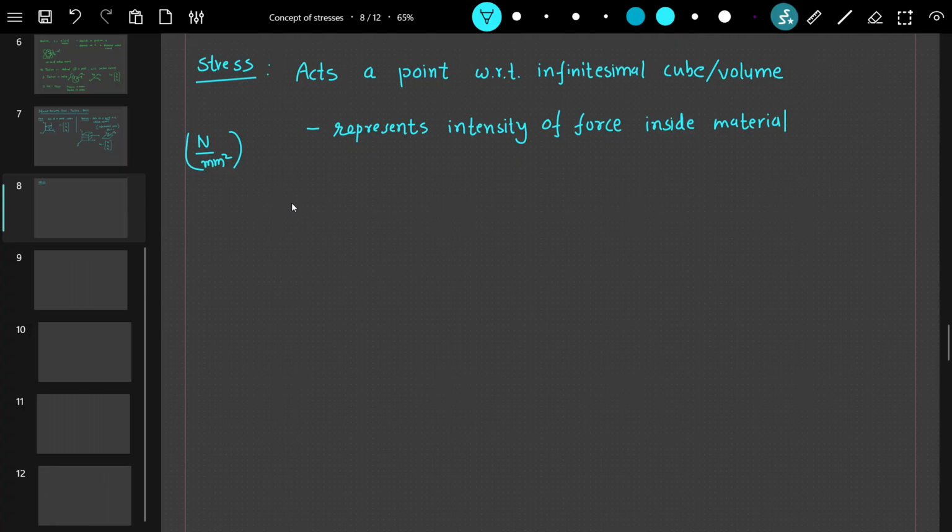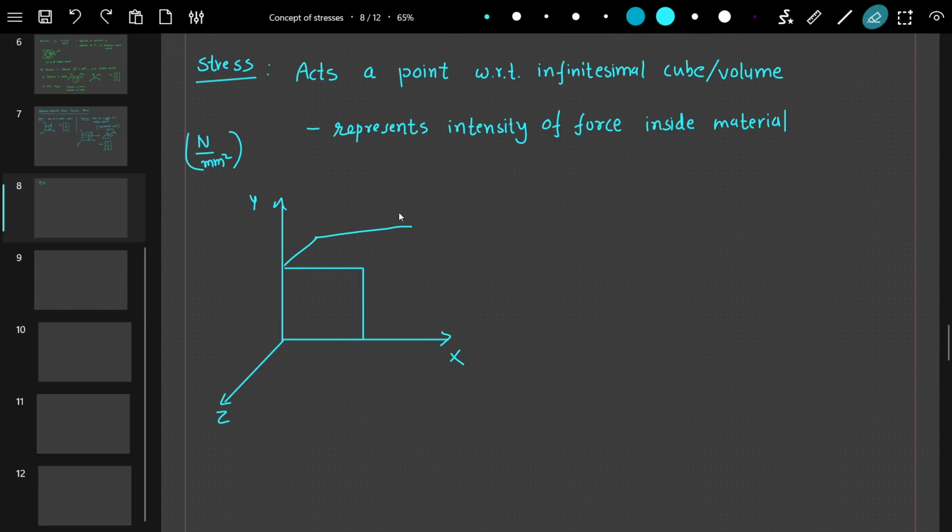Okay. So if I just represent that, a similar cube structure, so this is x, y, z. Okay. This is a cube structure which is subjected to external force. Okay.